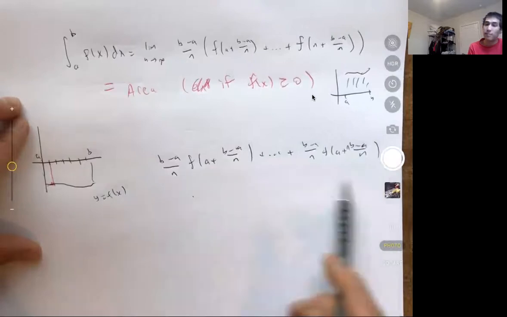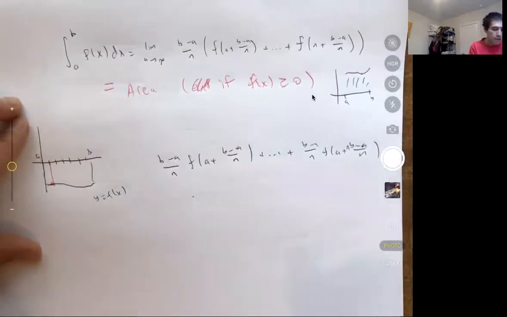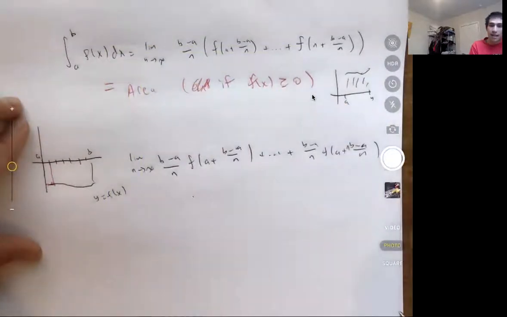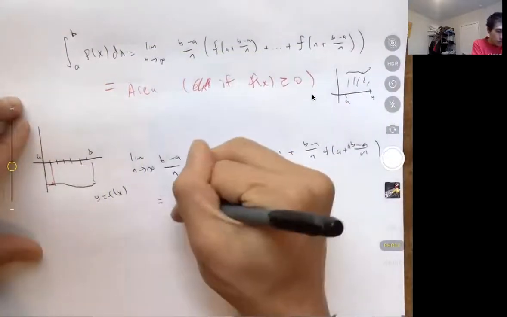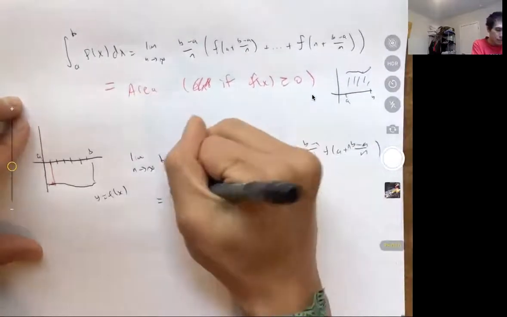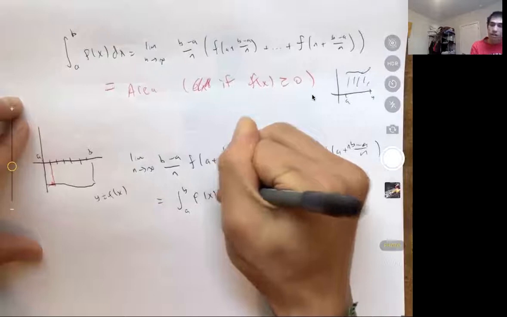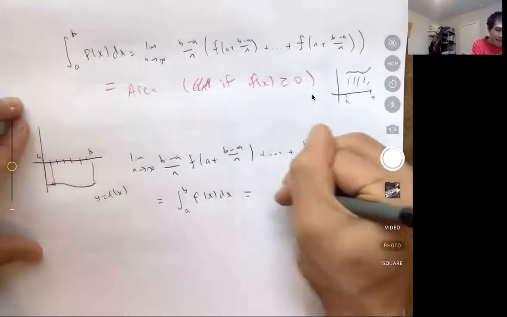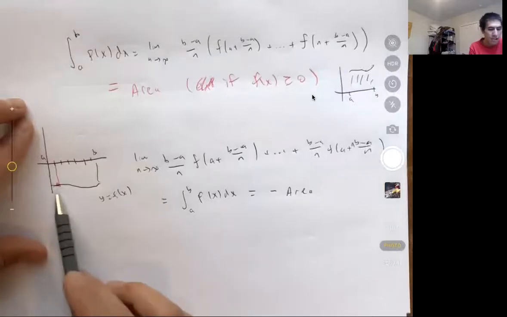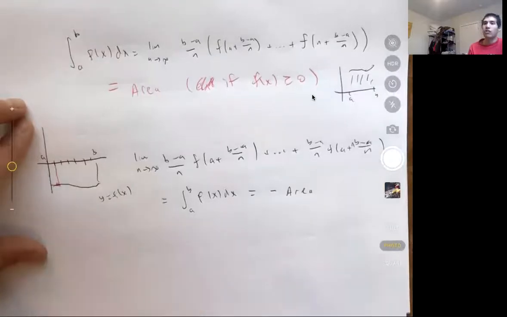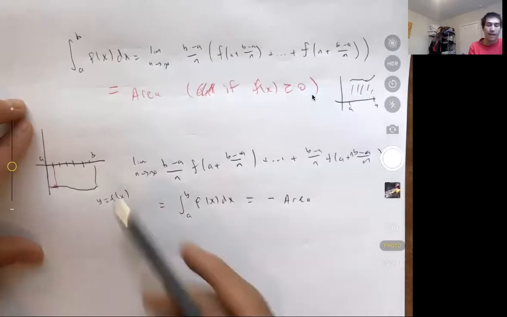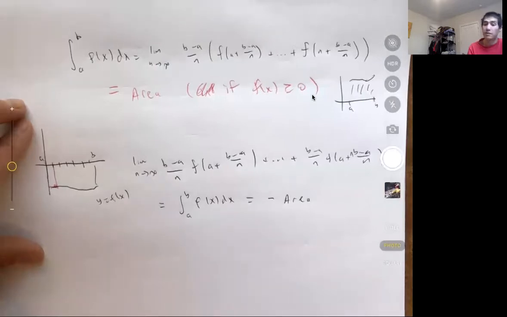And so this is going to be approximately equal to the negative area. And so when I take the limit as n goes to infinity of this thing, it's just the definition of the definite integral. So this is the definite integral of my function. But now this equals the negative area under the curve. So when the function is negative, the integral is calculating the negative of the area. So we have to be a little bit careful.